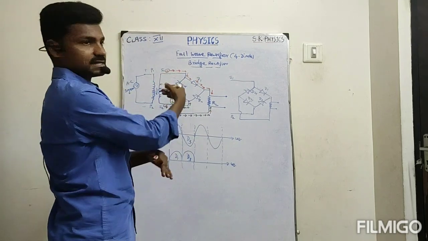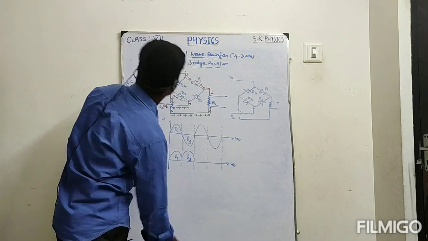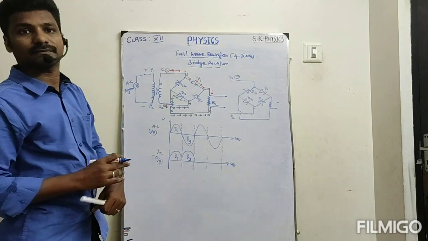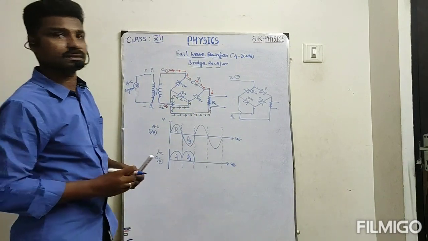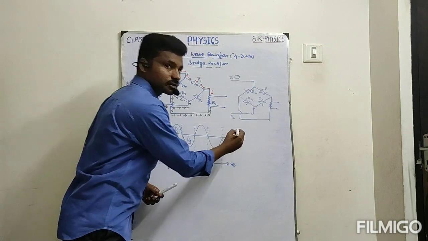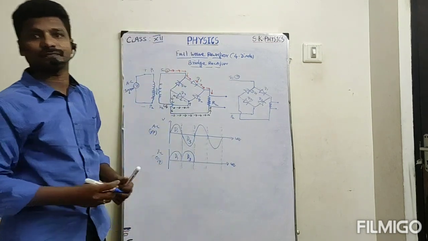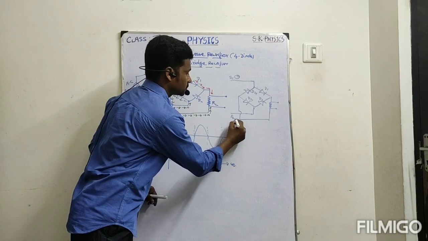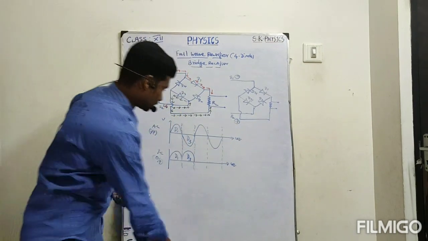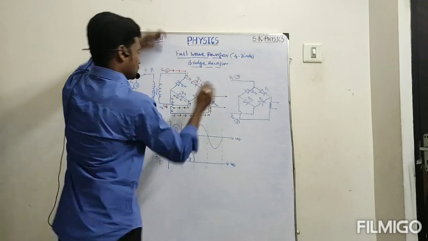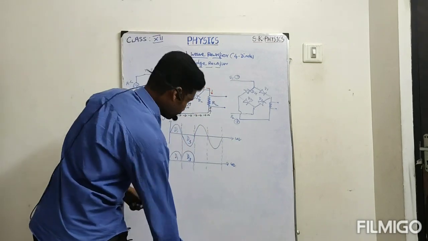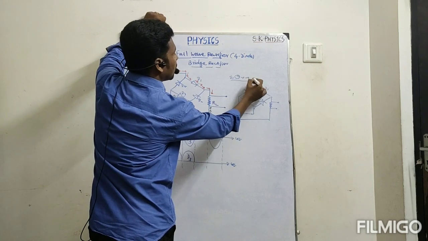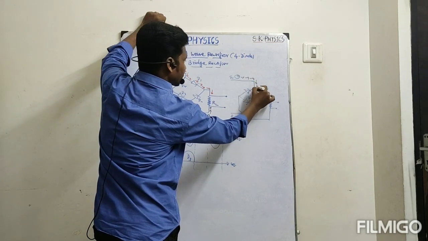Now the cycle is interchanged, so the negative is here and it is positive there. Please listen. After the cycle interchanging, now the negative current is going.